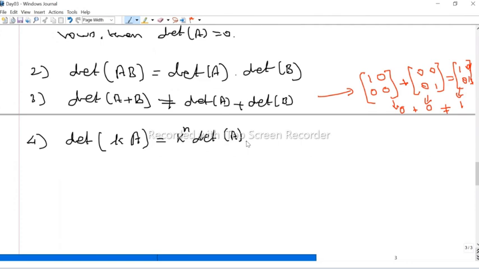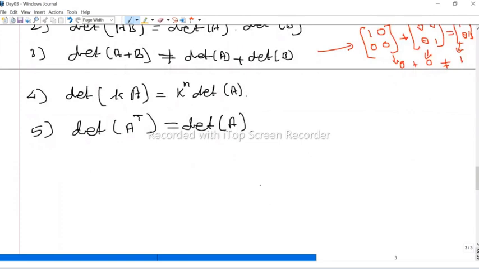And then one more thing. The determinant of the transpose of a matrix is the same as the determinant of the matrix. So determinant of A transpose is the same as determinant of A. This is always true for any square matrix. Suppose we take a triangular matrix, upper triangular or lower triangular.